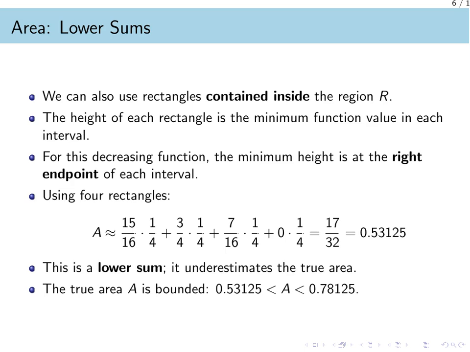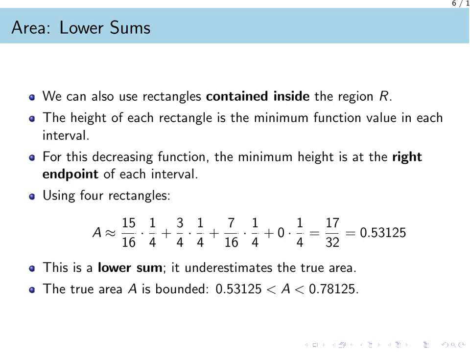To complement the upper sum, we now use a lower sum. This method uses rectangles that are contained entirely inside the region R. This time, the height of each rectangle is determined by the minimum function value within its interval. For our decreasing function, this minimum value occurs at the right endpoint of each interval. Using four rectangles, we get a total area of approximately 0.53125.